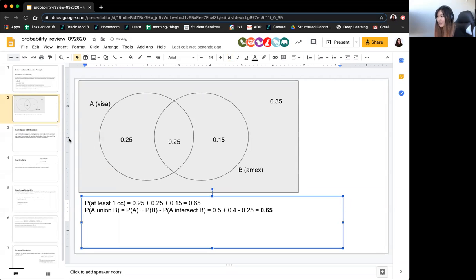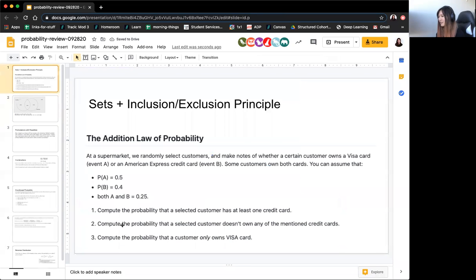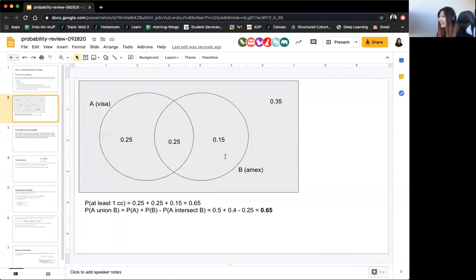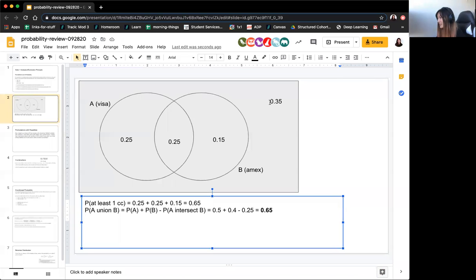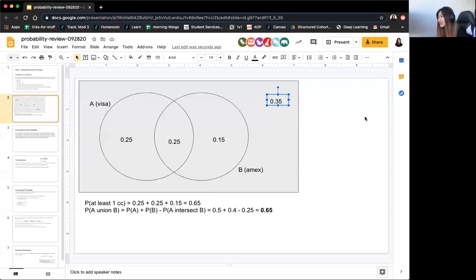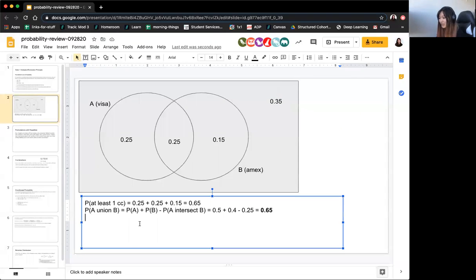The next thing they ask for is the probability that a selected customer doesn't own any of the credit cards. Again, very simple, because we already labeled it here. The part that isn't in any of the bubbles is 0.35. If you want to do it formulaically, we already found that A union B is 0.65.